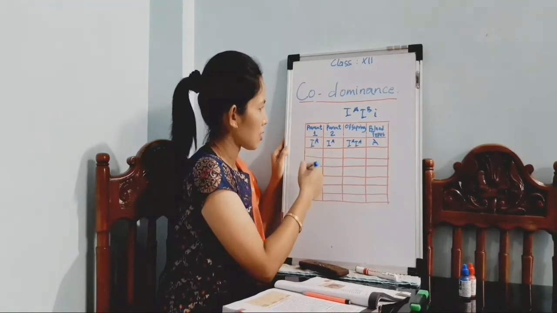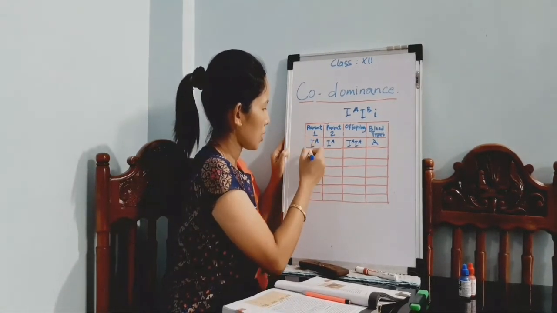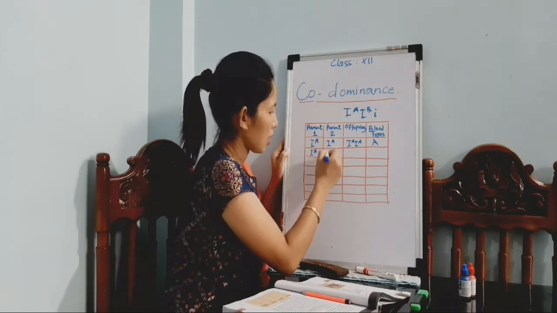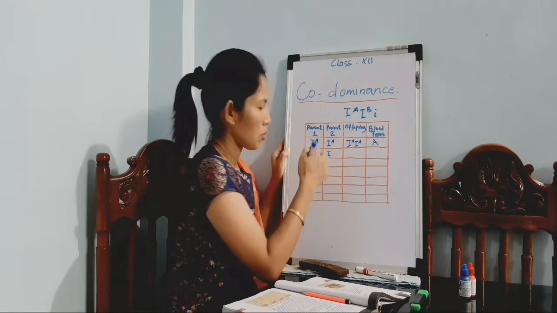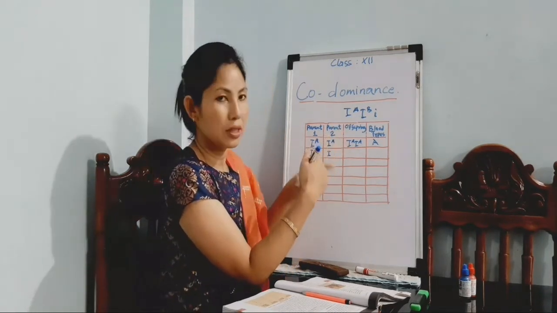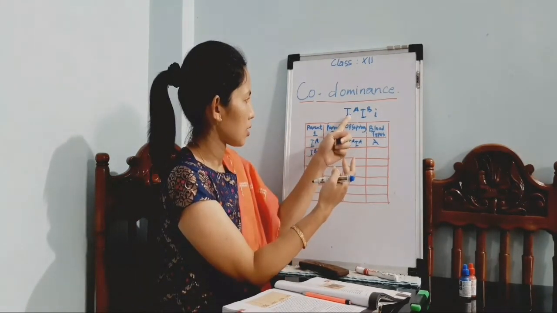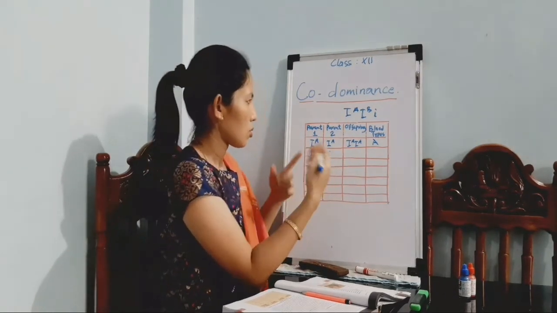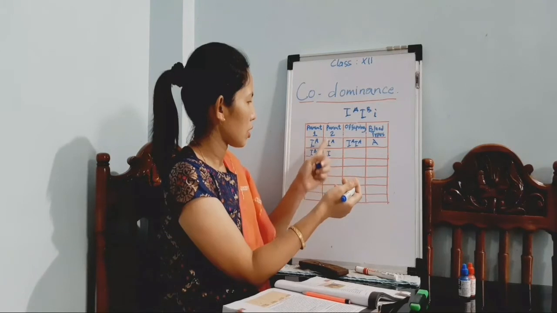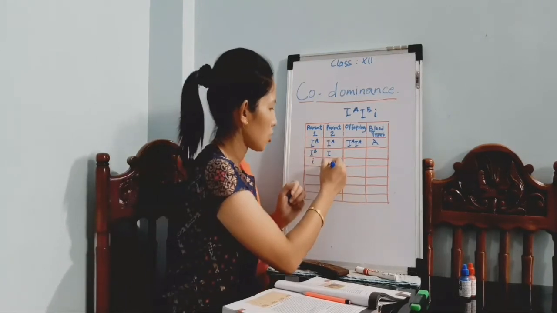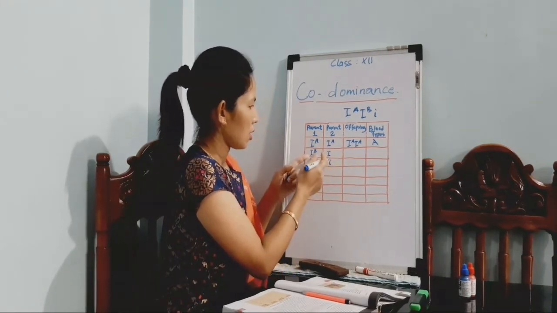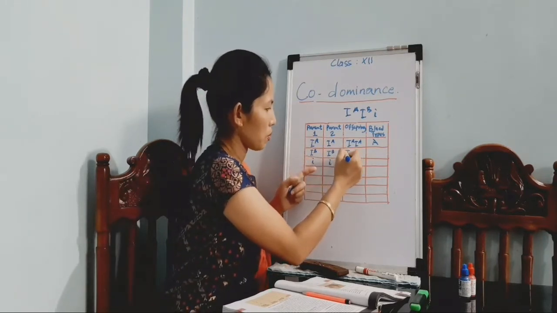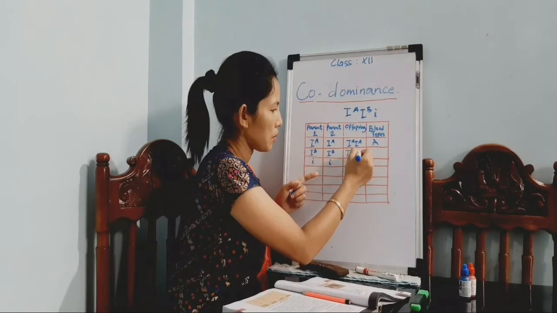In the second case, if parent 1 has IB and parent 2 also has IB, the combination will be IB IB. Each parent can provide IA, IB or small i.